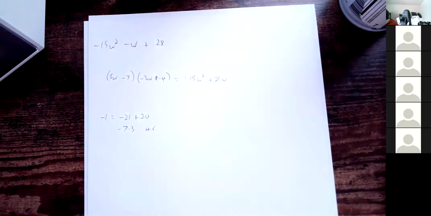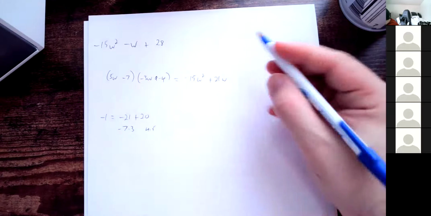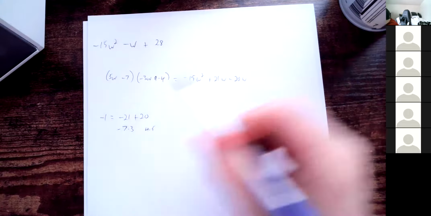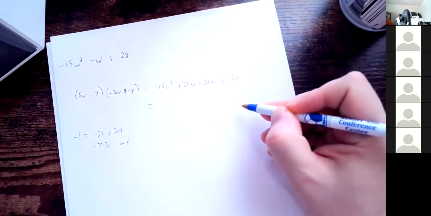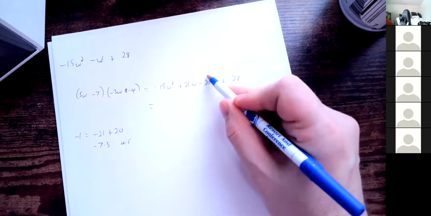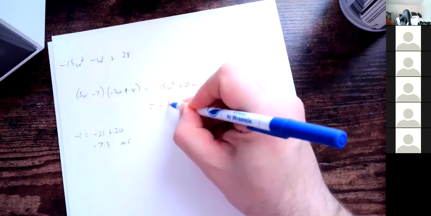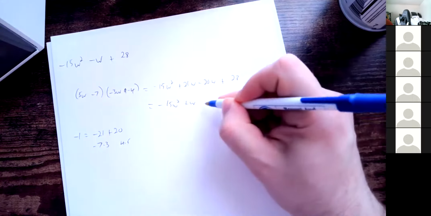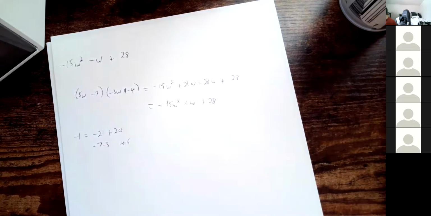And then negative 4 times 5w giving us minus 20w, and then negative 4 times negative 7 giving us 28. So we're almost there because we get 21 minus 20. So you get minus 15w squared plus w plus 28. So you're almost there.